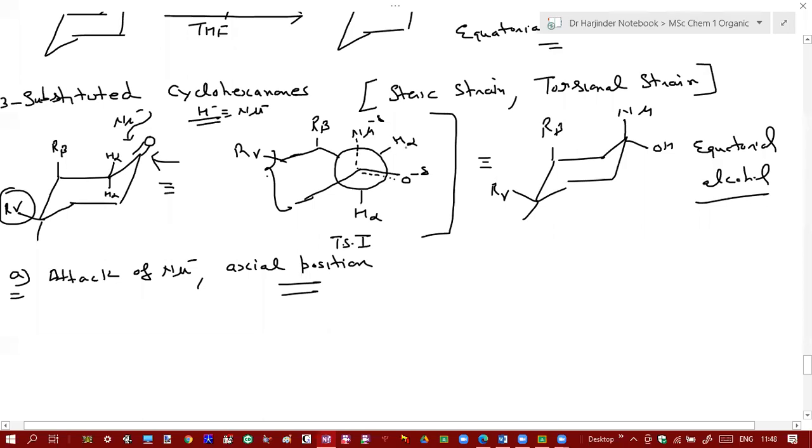Now when this transition state is favored, look carefully: is there any steric interaction in this transition state with some bulky groups? And where are those?